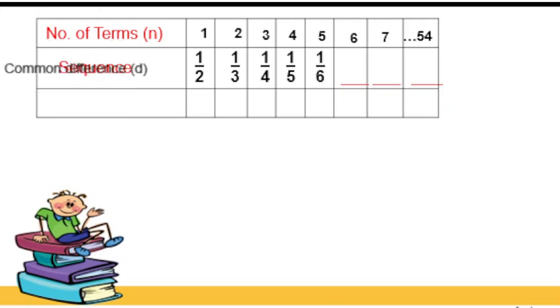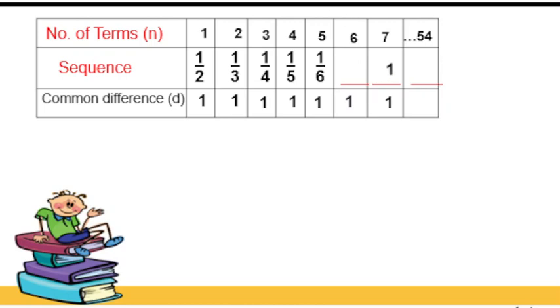Let's get the difference if they have a common difference. Common difference is 1. So, since the common difference is 1, our nth term will become n plus, but it is a fraction.